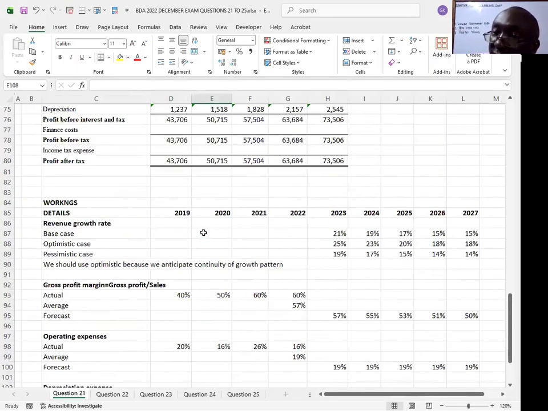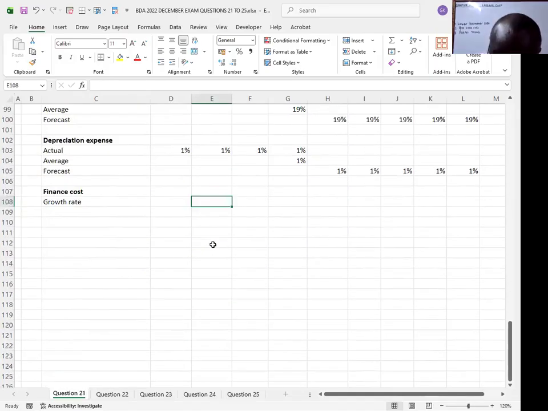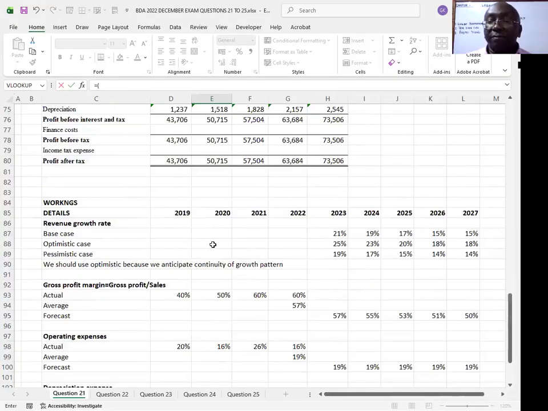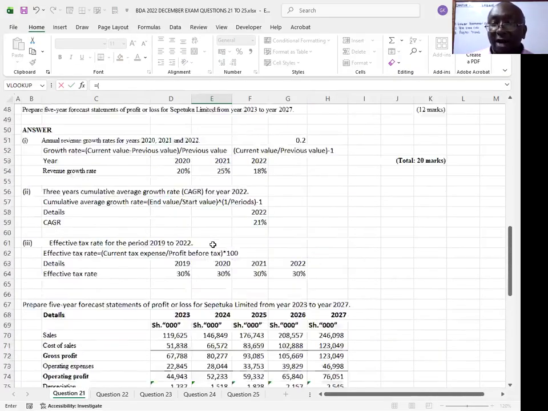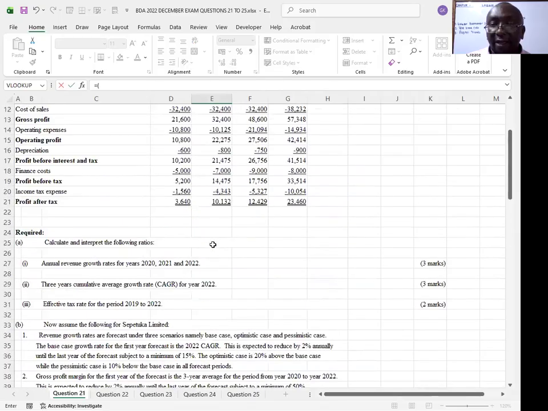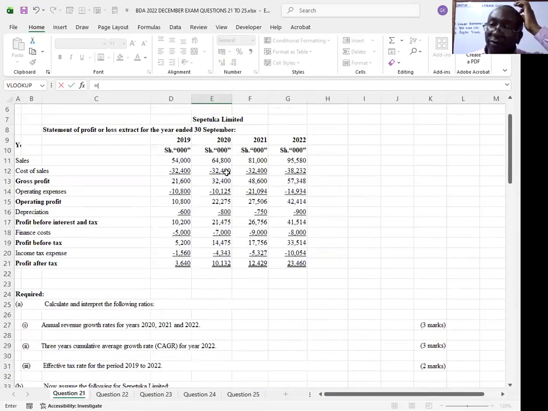So that we say equals, open the brackets. Uchukue now the value of the interest of this one, this 7,000 for 2020.